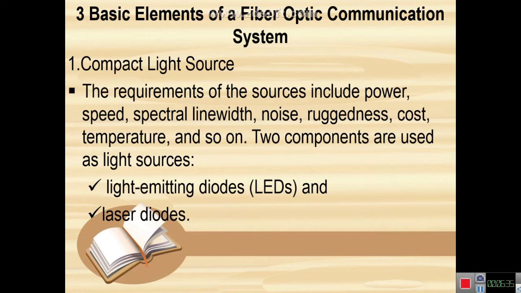Ginagamit yung LED for short distances and low data rate applications due to their low bandwidth and power capabilities. For long distance and high data rate transmission, laser diodes are preferred due to its high power, high speed, and narrower spectral line width characteristics.